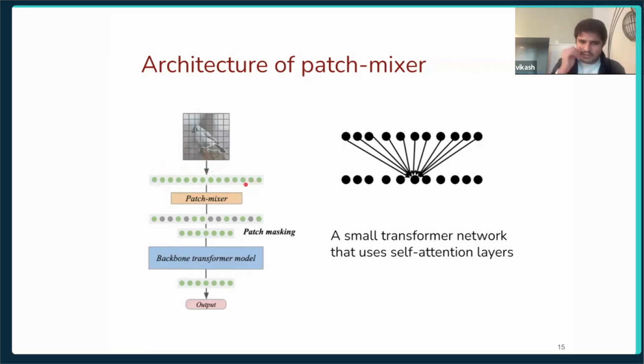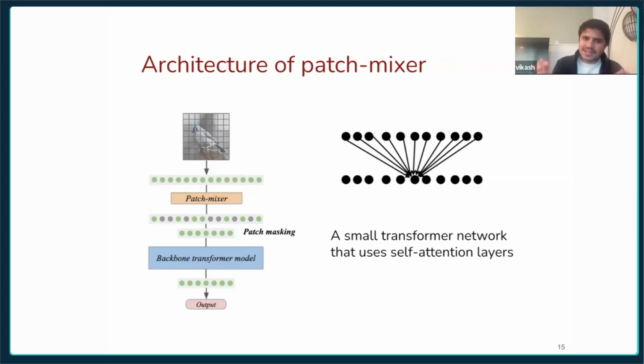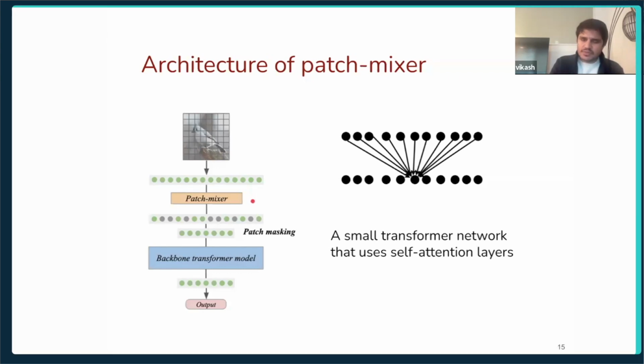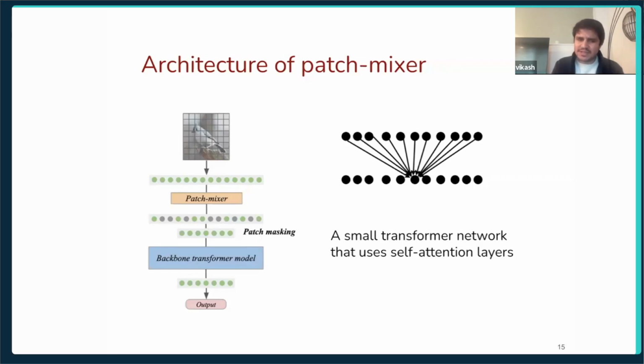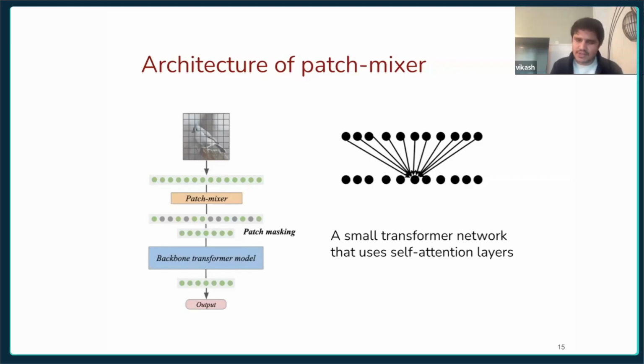So we want the patch mixer to be small enough, yet able to capture the relationships of all patches, but not so large that its computational cost is as large as the full transformer model. We generally strike the balance by choosing a patch mixer that has a computational cost around 10 to 15% of the larger transformer model we use.